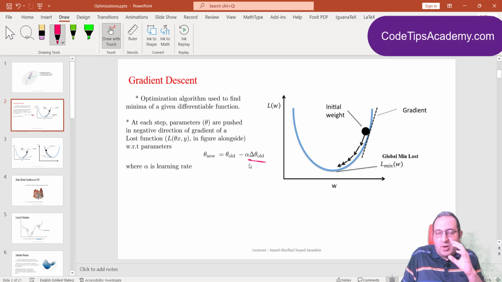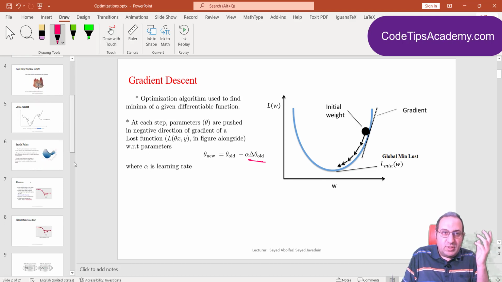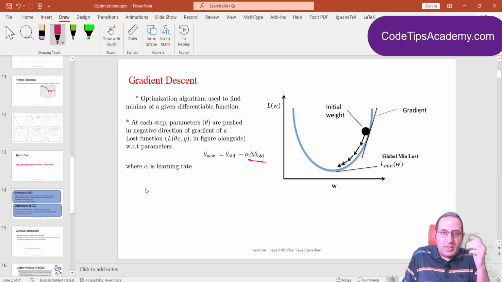This is how much the weights changed from the previous step to this step, and this is something that we have in vanilla gradient descent.